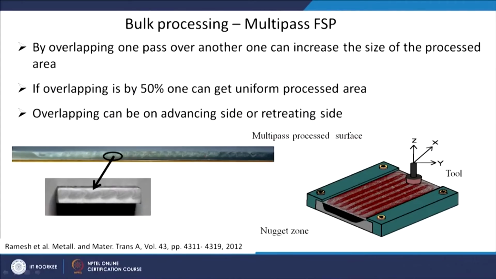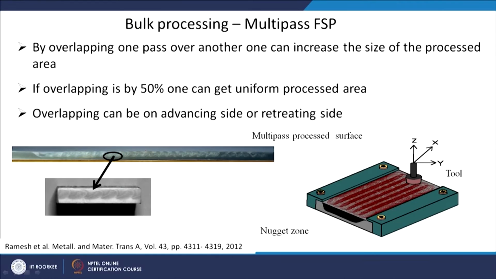Basically, this is a macrostructure of the same multipass technique. In this work the overlapping was done by 50% on the retreating side. You can do overlapping on the advancing side as well as on the retreating side. So, you can see that a very big sheet is processed.